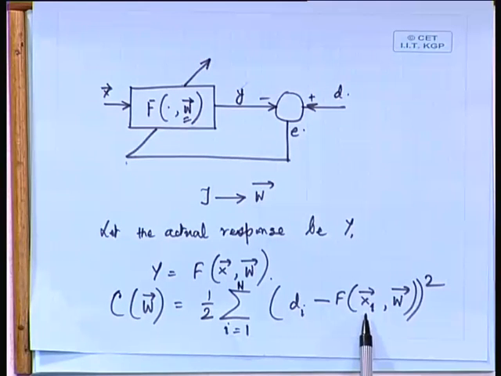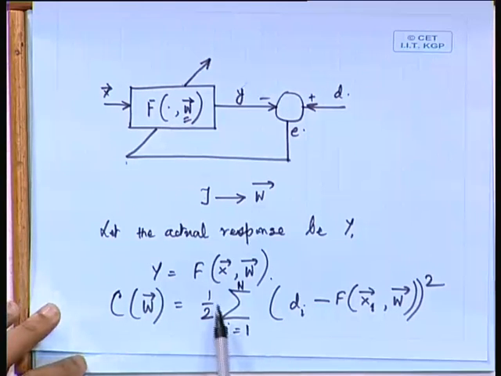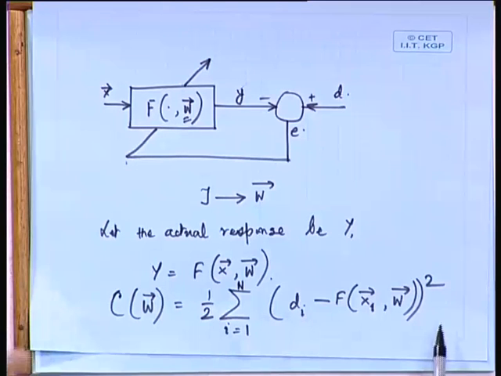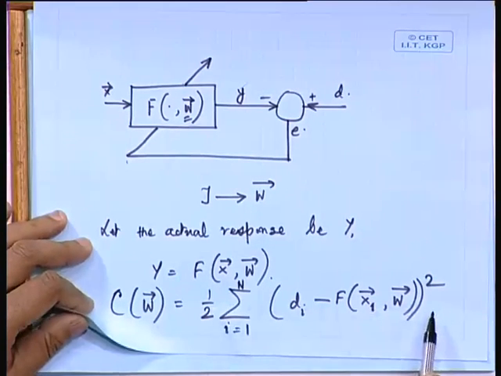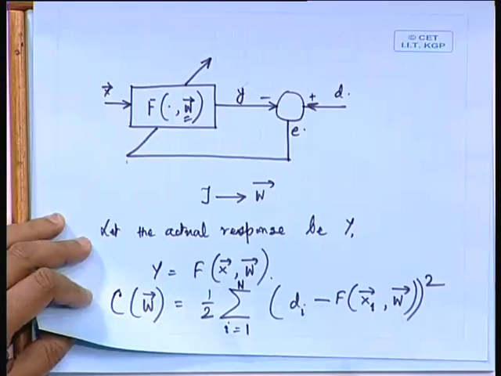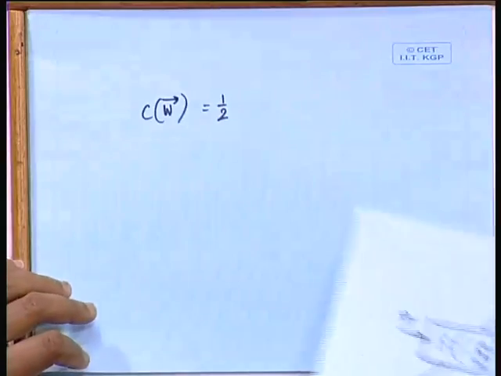If we define a quantity 1/n C(w), normalized by n, it becomes half into 1/n into this, and 1/n into this is nothing but the average cost function. So, the average of this square error.